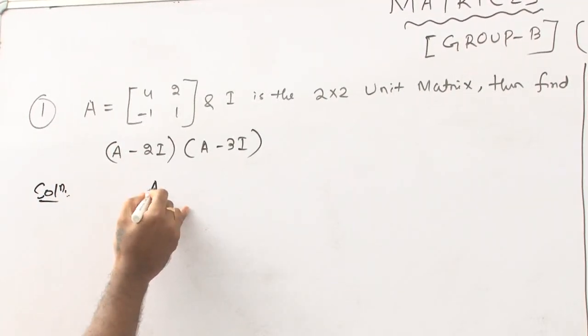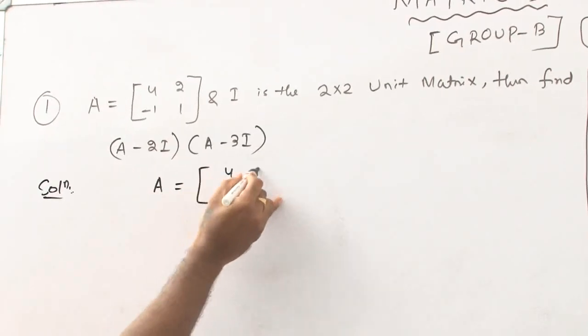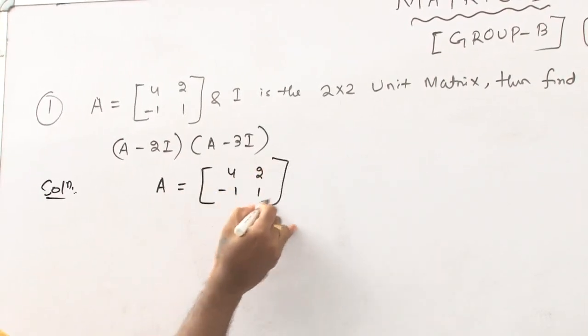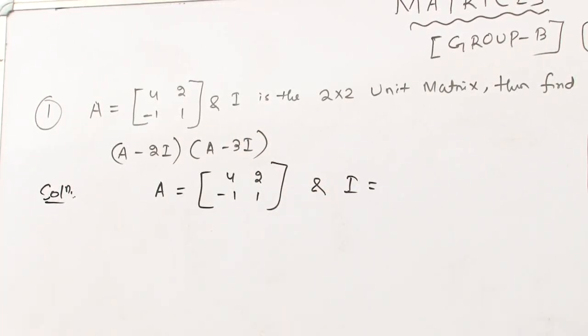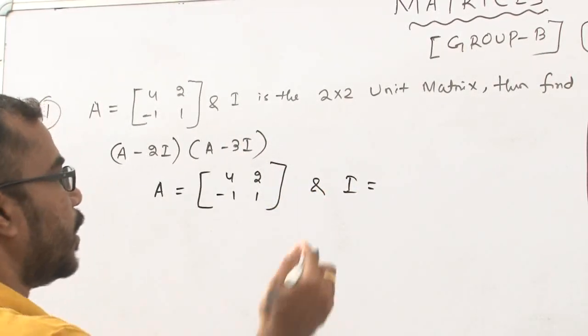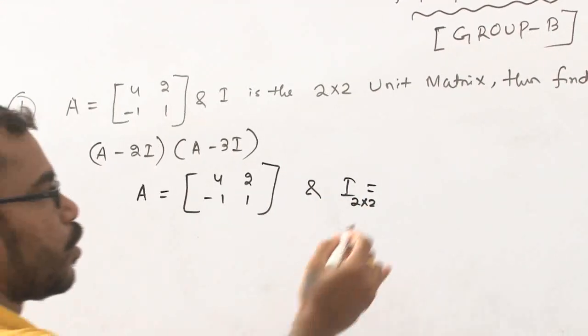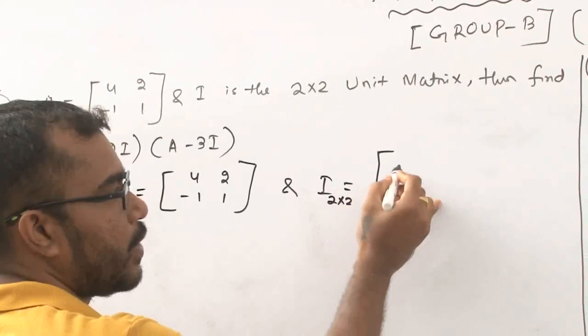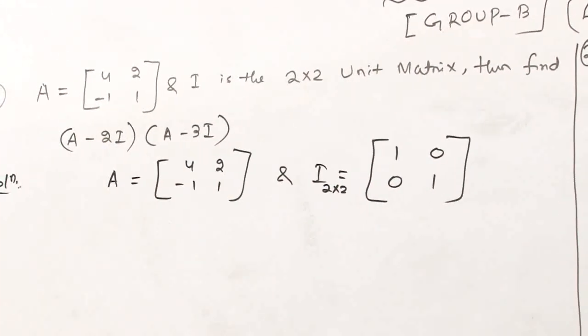As you know, here given A is equal to 4 2 minus 1 1, and I is a unit matrix. So here the unit matrix I is of order 2 into 2. So the value of the unit matrix is 1 0 0 1 in second order.